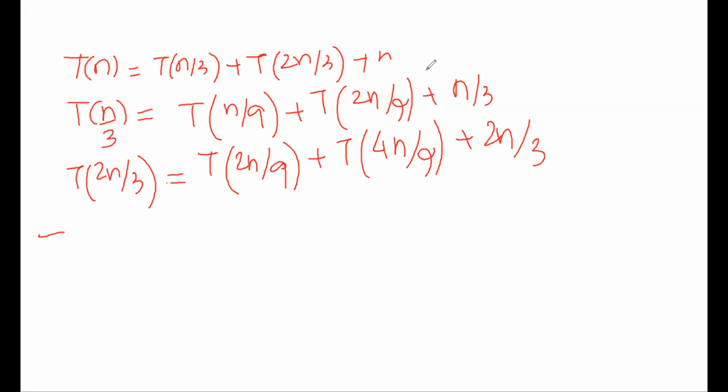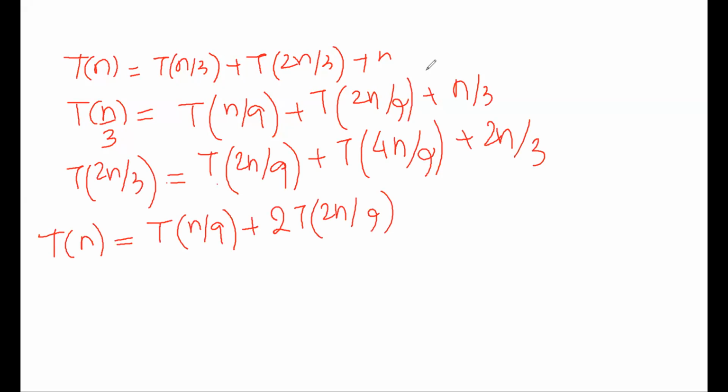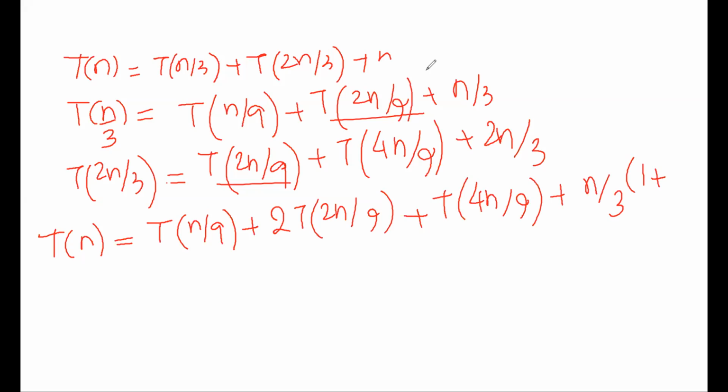So your T(n), the board is too small for this, is equal to, I'll add these two, T(n/9) plus twice T(2n/9), I have these common terms, plus T(4n/9) plus n. If I take n/3 common, I get 1 plus 2.